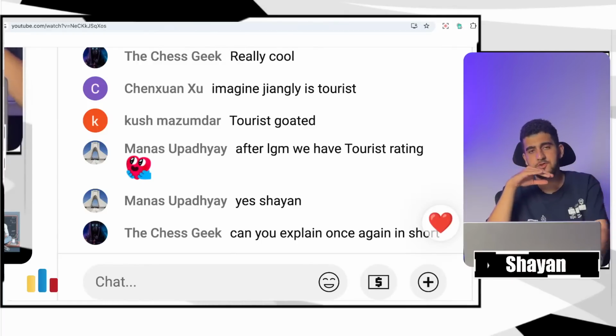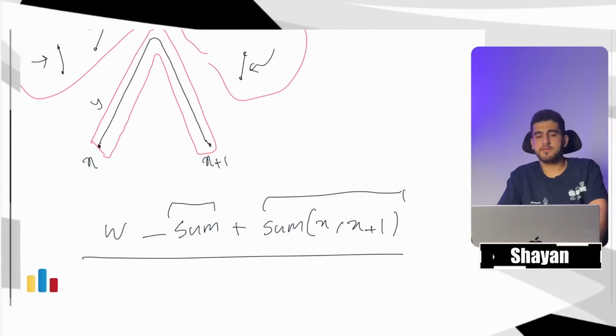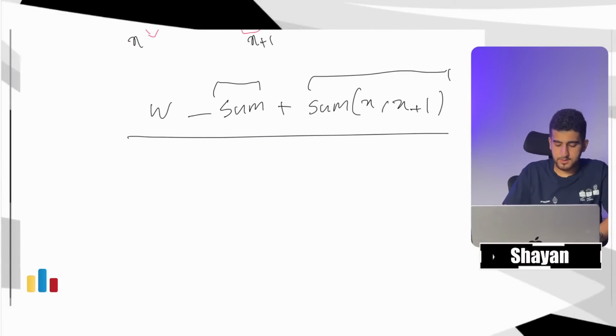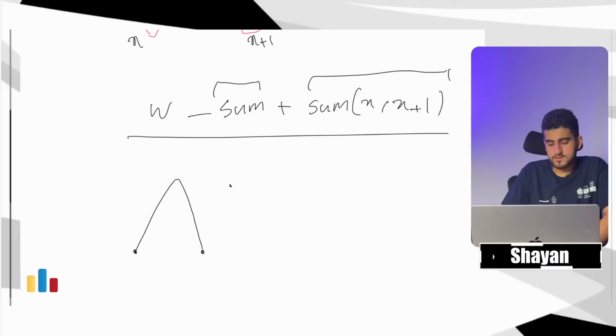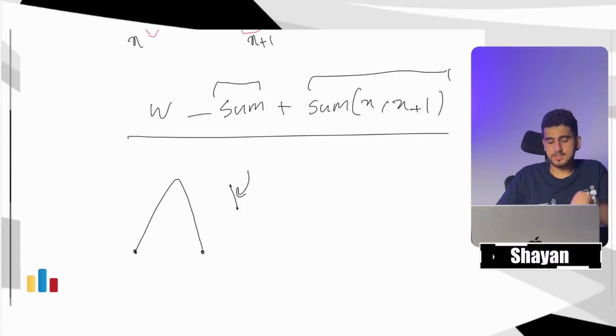I'm just saying that for any path that you consider between x and x plus 1, all the edges that are outside of this path and whose value is known cannot be counted in this path.